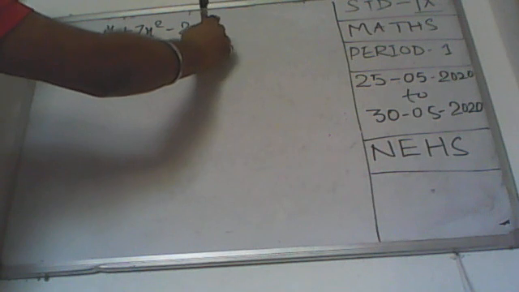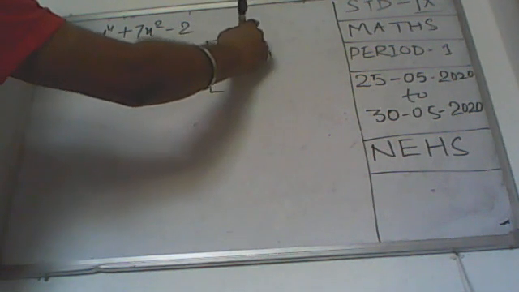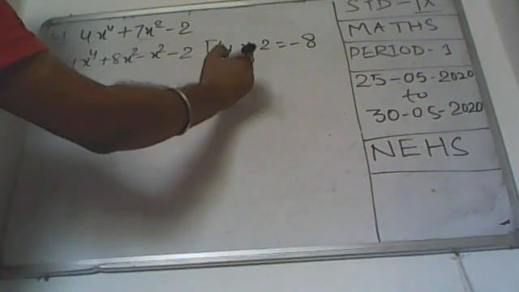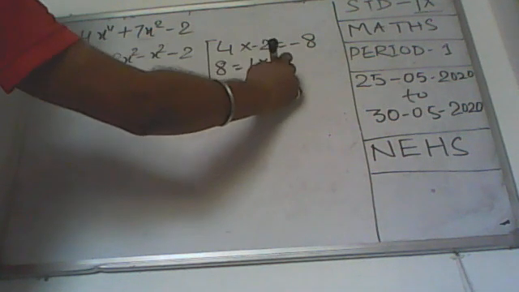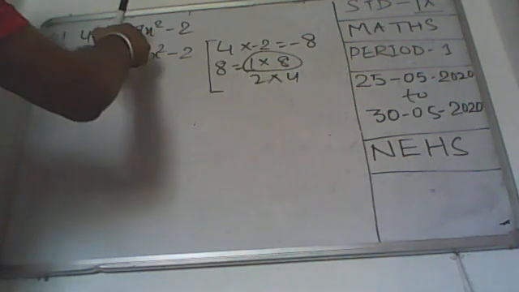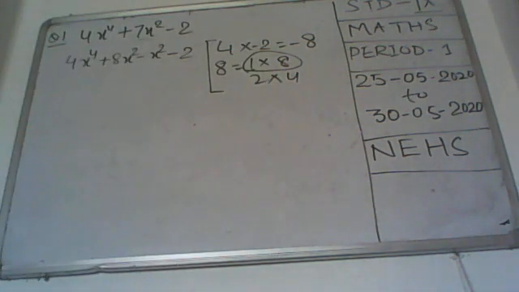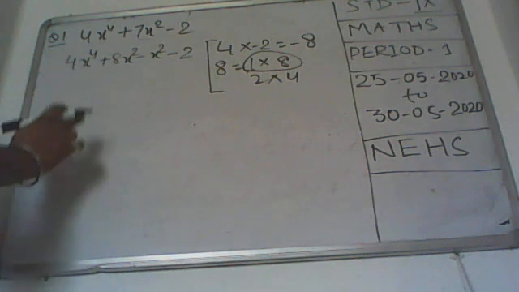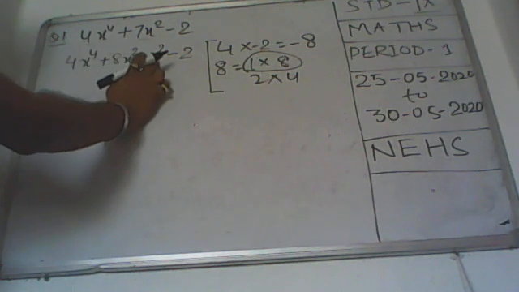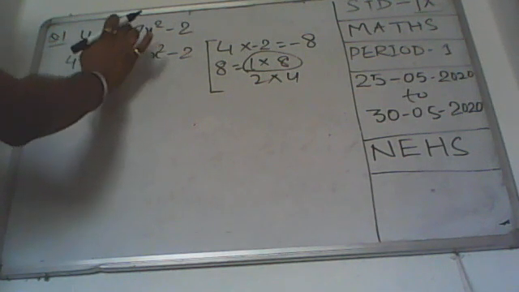Because we have to use 4 into minus 2, that is equal to minus 8, and the factors of 8 are 1 into 8, 2 into 4 only. I need 7 here, and this can only give me the 7. So plus 8x square and minus x square. Now this value is equal to 7x square.